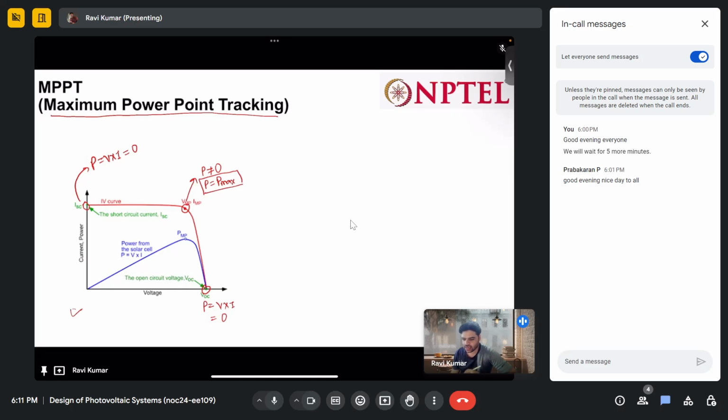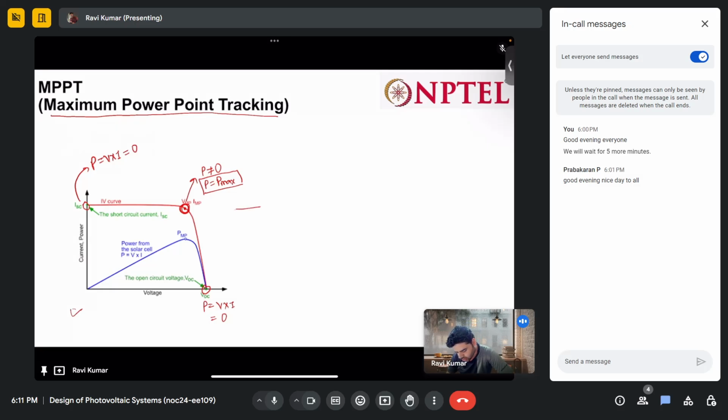How can we get this particular point to work upon? We all know this depends on the resistance of the load.